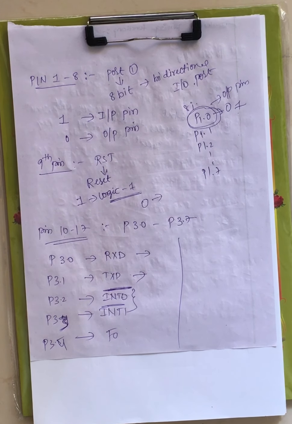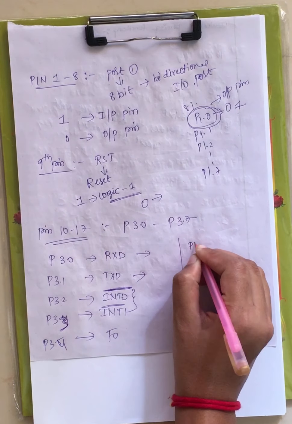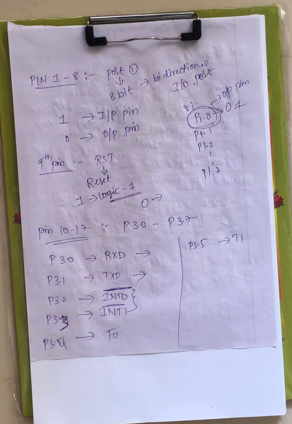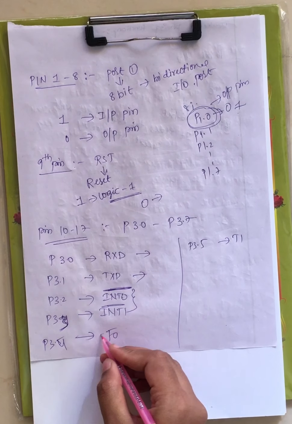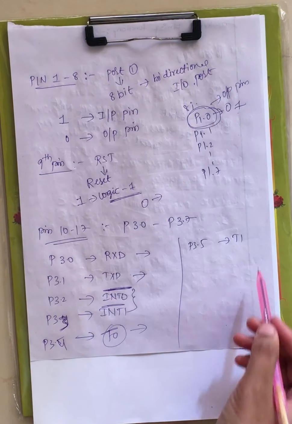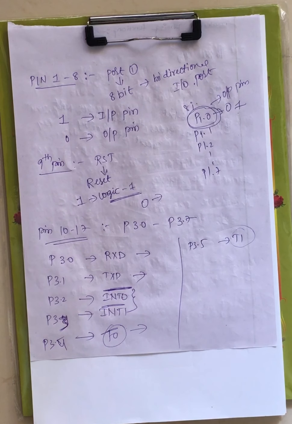Timer 1 is provided at port 3.5. These are used to provide the time delay between two events. When timer 0 is busy providing a delay, the user can use timer 1 in order to provide the delay. When one timer is busy, the alternative timer can be used.